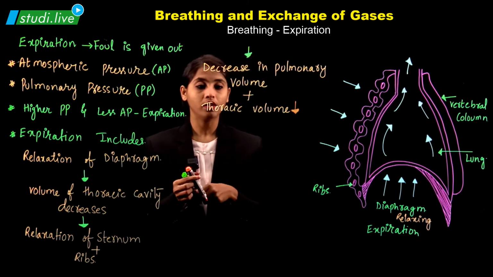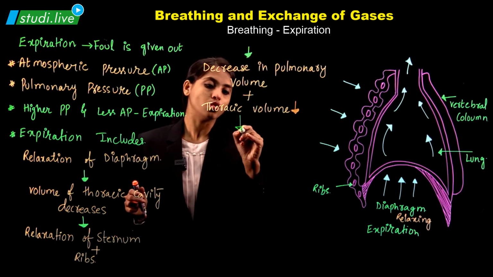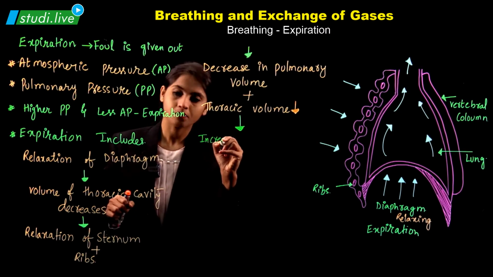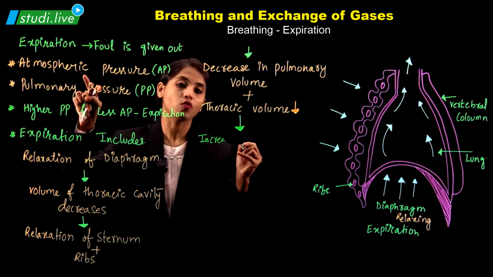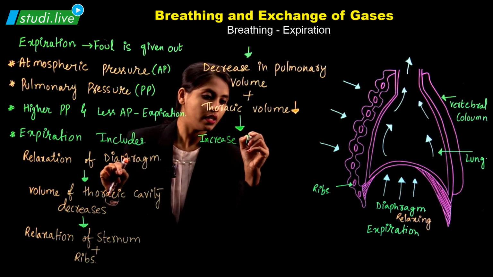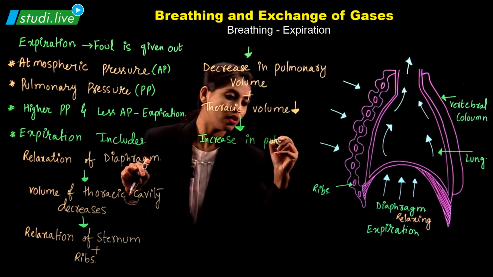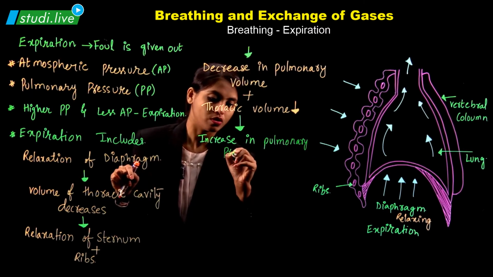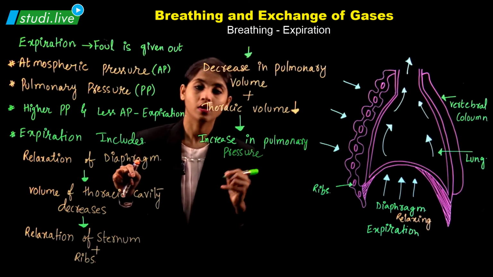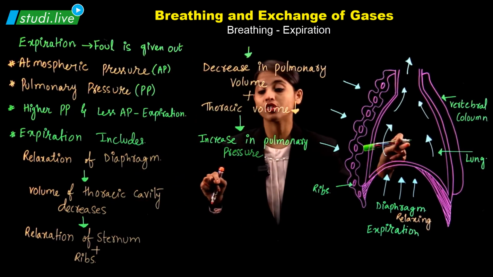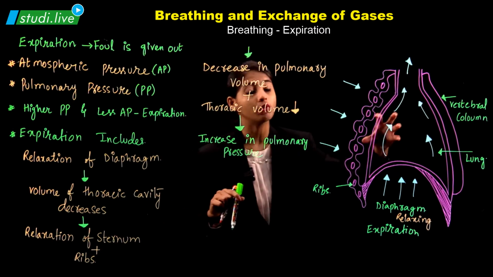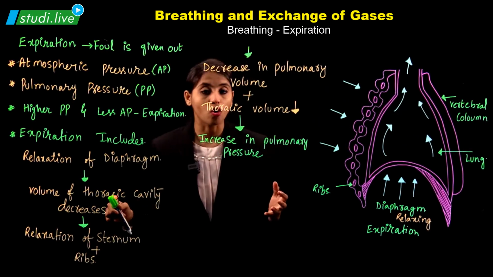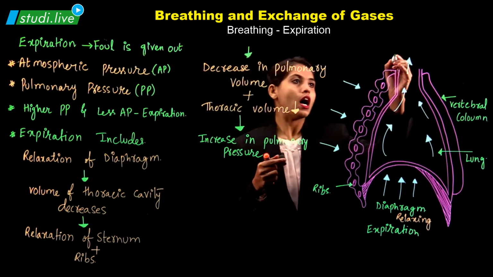I have tried to show that over here, and this leads to an increase in the pressure I was talking about, an increase in pulmonary pressure. And when there is an increase in the pulmonary pressure, what will happen? The air which is not able to get space here, because of the decrease in volume in the thoracic cavity, will move outward.